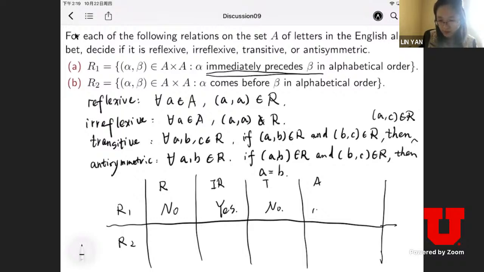For the letters A and B, because A immediately precedes B, it is in R1. BC is in R1 too, but AC is not in R1 because A does not immediately precede C.